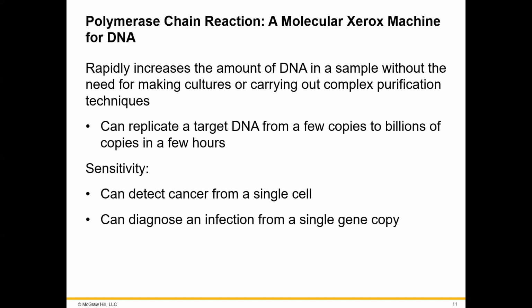We can just make copy and copy and copy with this. We can go from one molecule of DNA, one string of DNA, to billions in just like 3 or 4 hours. Incredible. You don't need even that many. So it's really one of the best inventions that we've ever had.